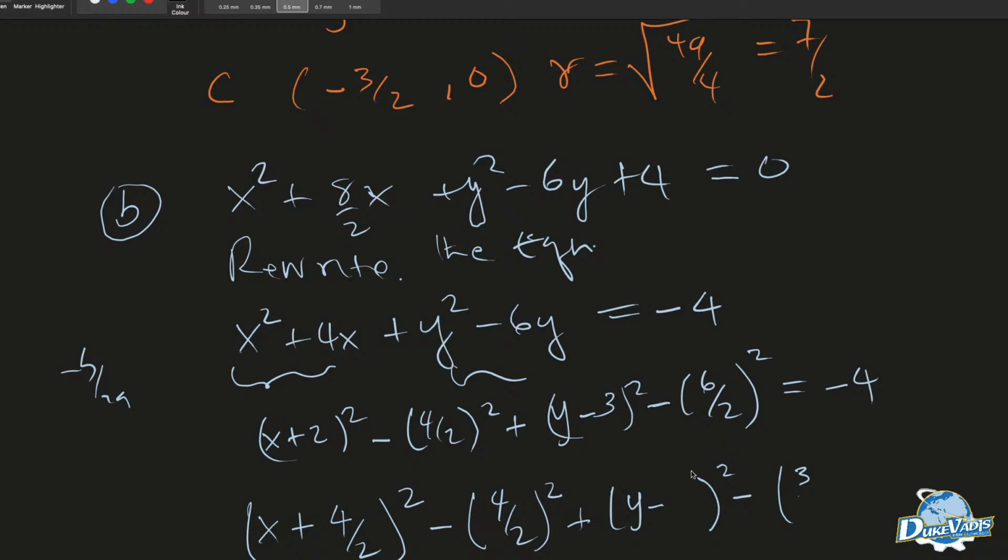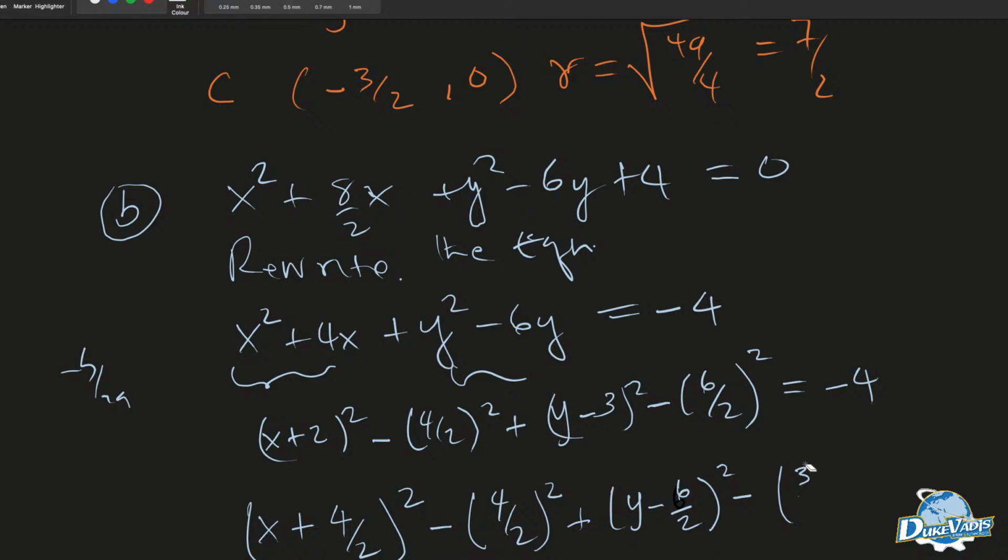So this is 6 over 2 squared. Now, what did I divide?